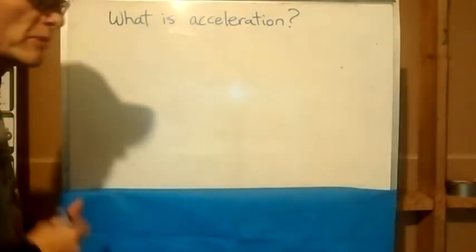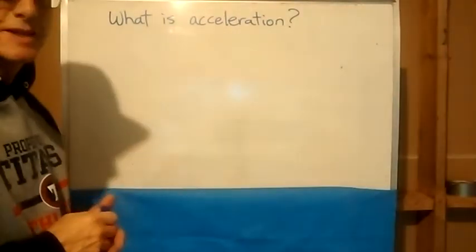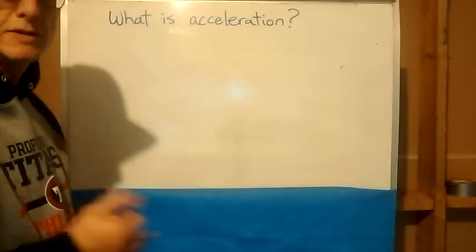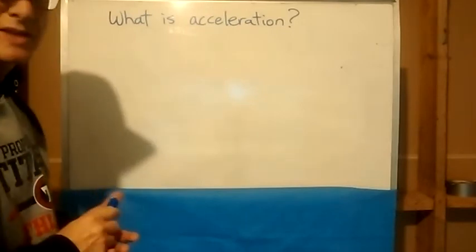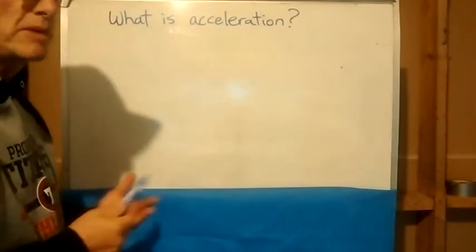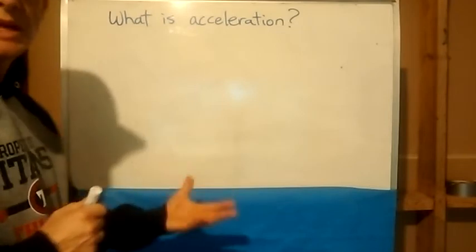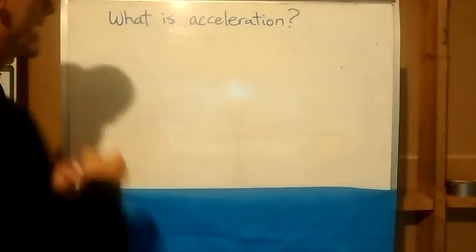I think you've got a pretty good idea of what distance is, velocity even, speed. But what is acceleration? A lot of people think of acceleration as speeding up, but it could be slowing down.